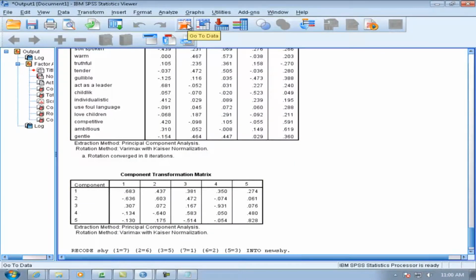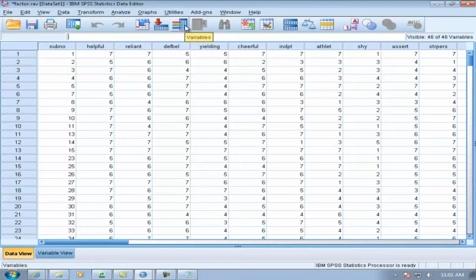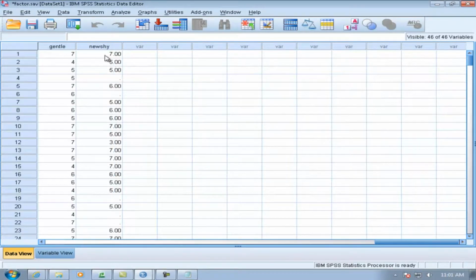I'm going back to the original. Here it is. You know what I failed to do? 4 is a 4 and 4 is a 4. See here? Look, it's creating, let's go back on the old shy.